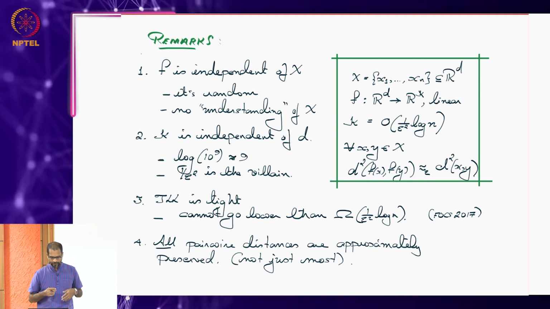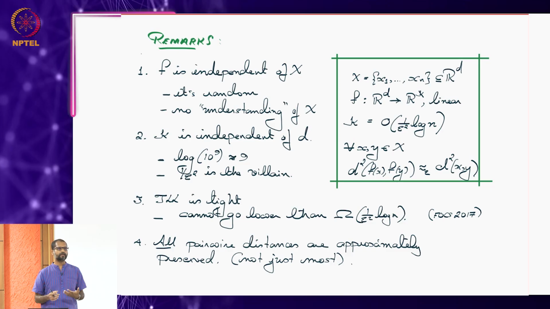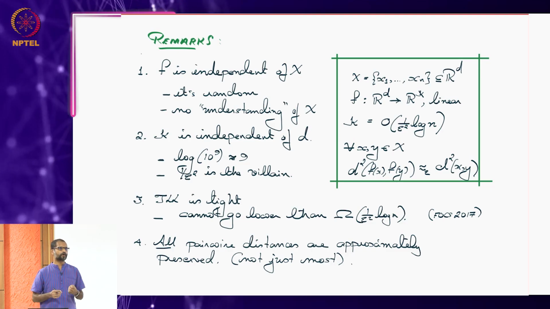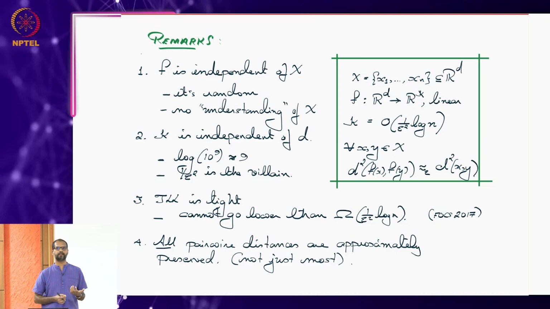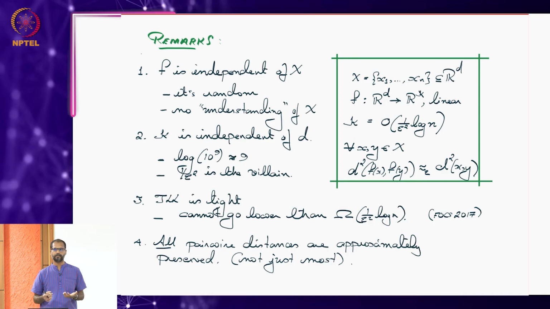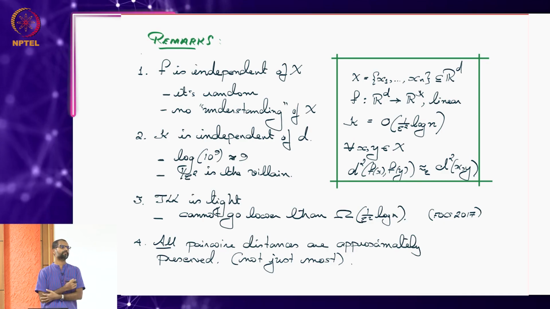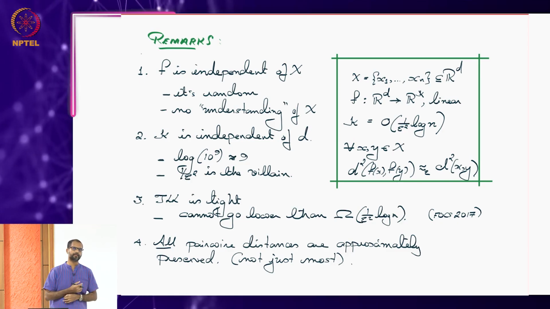So it has no understanding of the data, unlike SVD. In fact, SVD we said was one of the best tools to understand the major correlations, the major patterns in your data. This is completely unaware of the data, because you are just selecting a random matrix as your function. You really did not look at the data when you were populating this matrix.